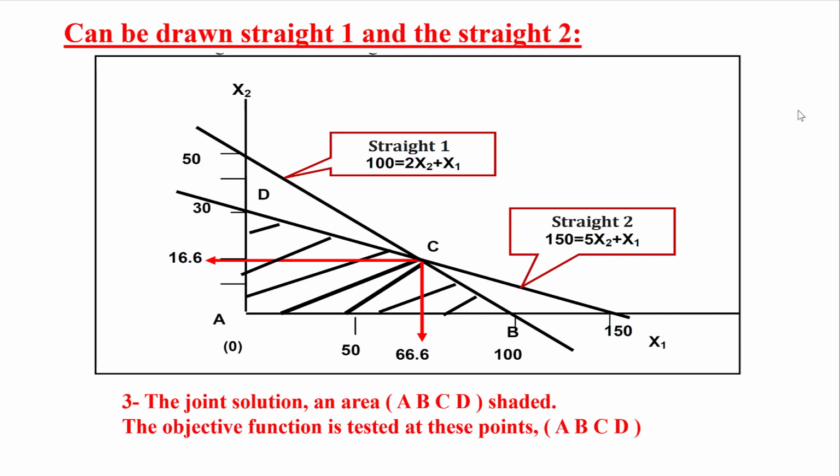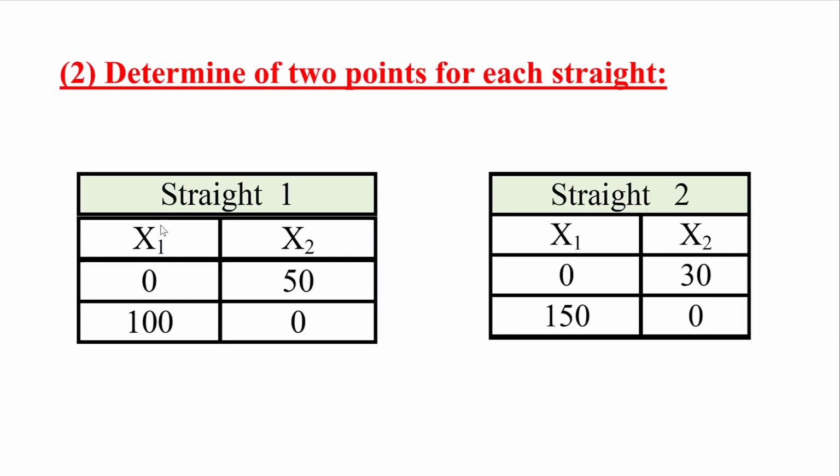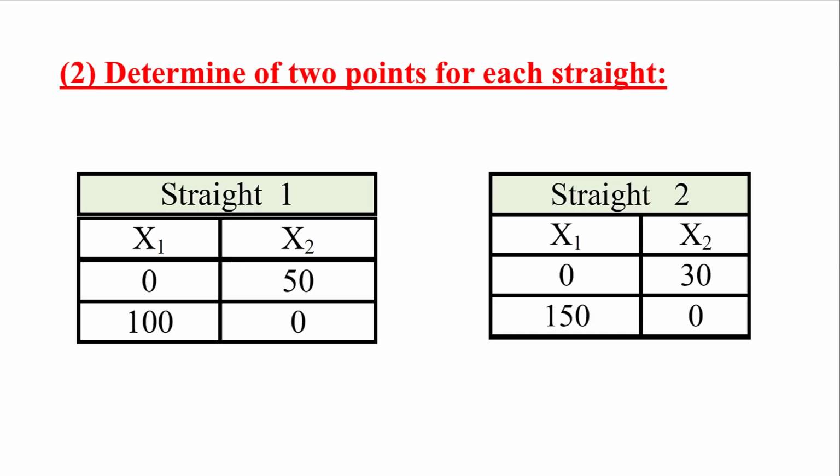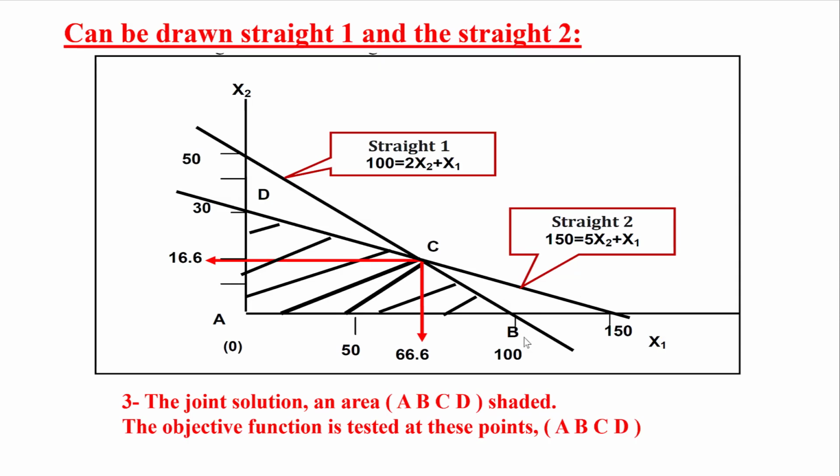So we can now draw straight 1 and straight 2. For straight 1, the first point is 0 and 50: 0 here and 50 here. The second point, when x2 equals 0, x1 will equal 100.